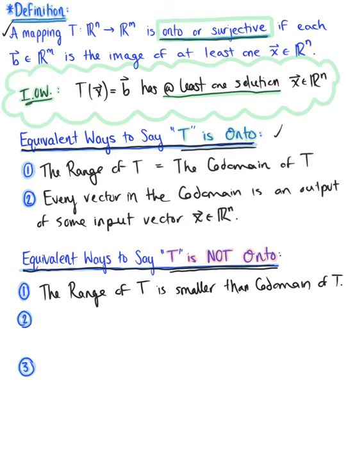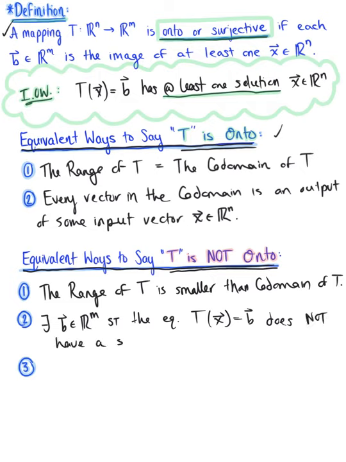Another way to say that a transformation is not onto is to say that there exists some vector B in Rm, or some vector B in the codomain, such that the equation defined as the image of vector x under the action of T equals vector B does not have a solution. So if this equation does not have a solution, then your transformation is not onto.